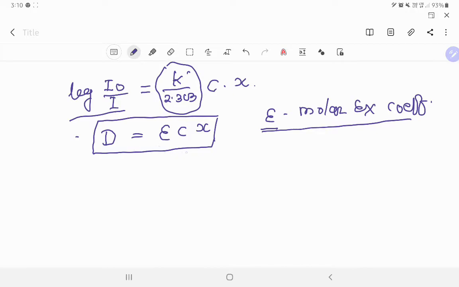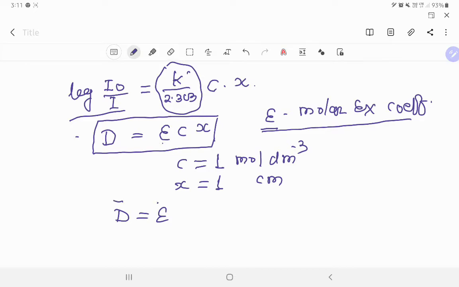In this equation, if we put C equal to 1 and x equal to 1, then D is equal to epsilon. Yes, got it? It means when concentration is 1 mole per dm cube and thickness of absorbing medium is 1 centimeter, then D is equal to epsilon. Epsilon is D when C and x are unity.